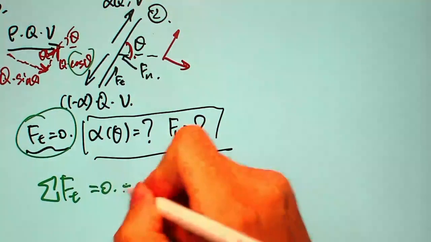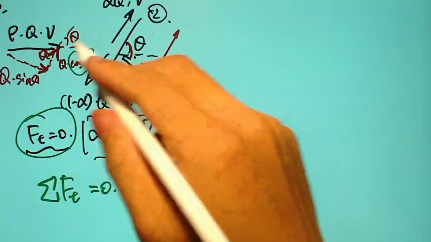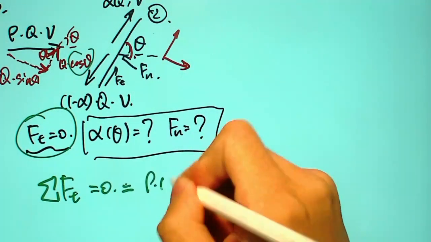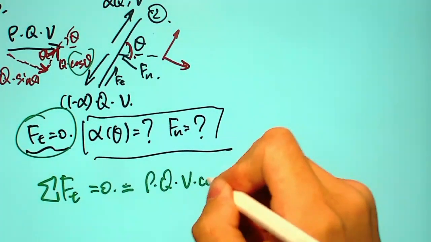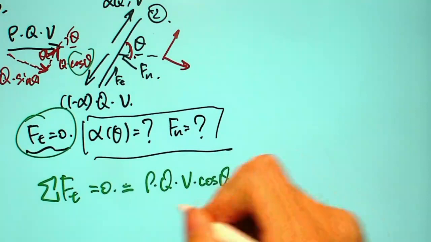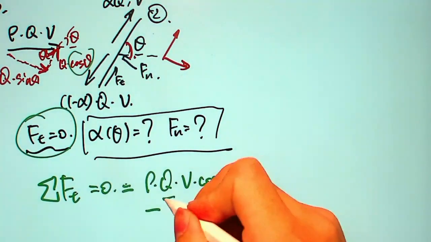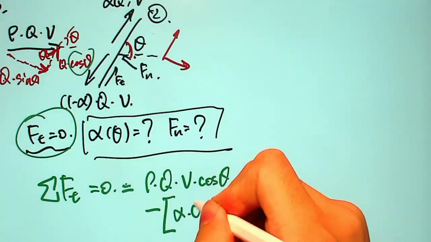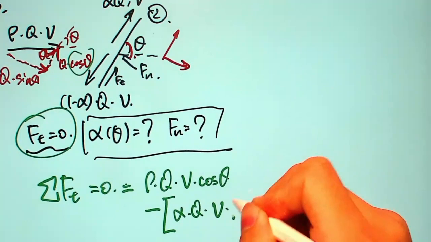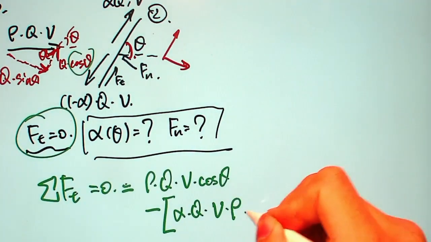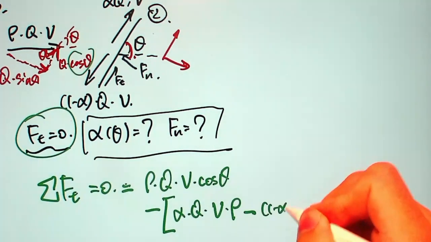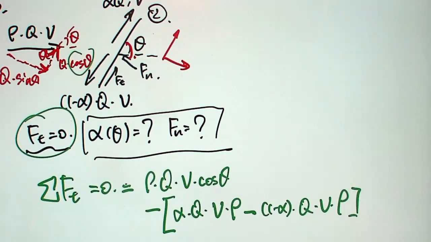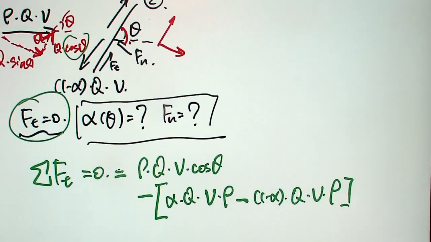So that is, we have the inlet condition, which is rho times q times v times cosine theta, minus the outlet condition. Outlet condition will be alpha times q times v times density minus 1 minus alpha times q times v times density. So there's no angle related to this.